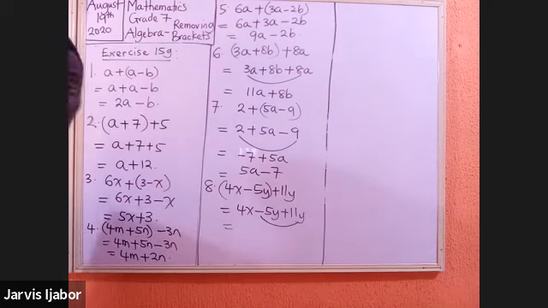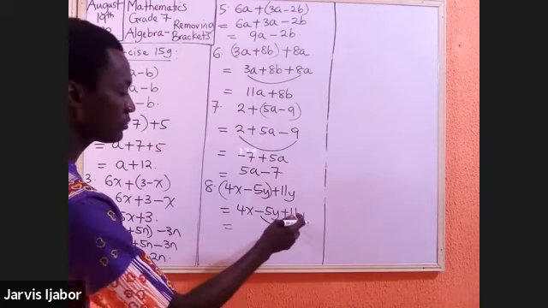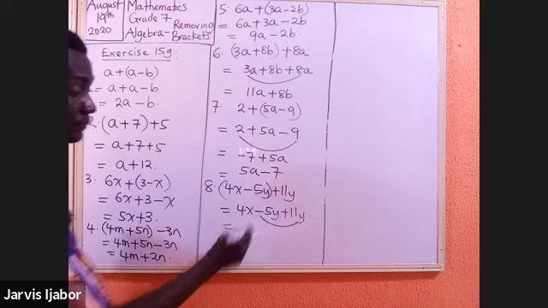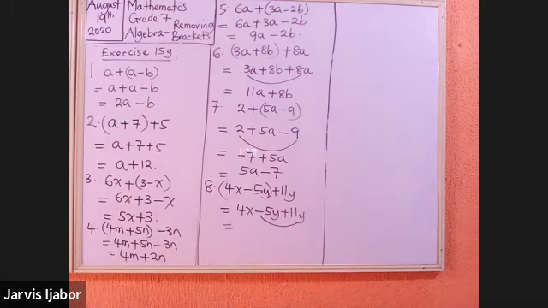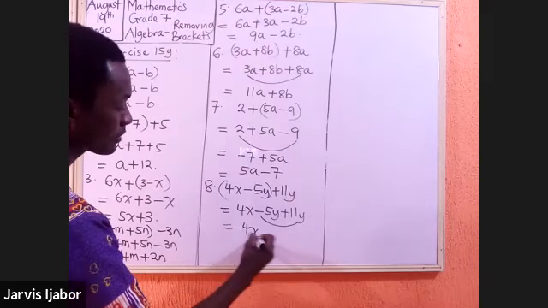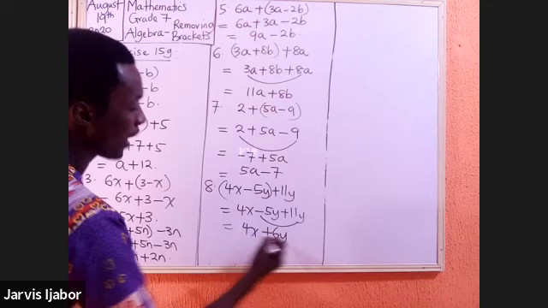I hope you know that this means 11y minus 5y. So that will give you 4x plus 6y.